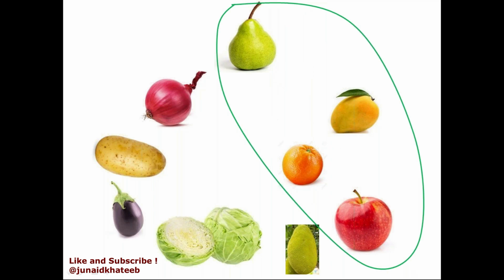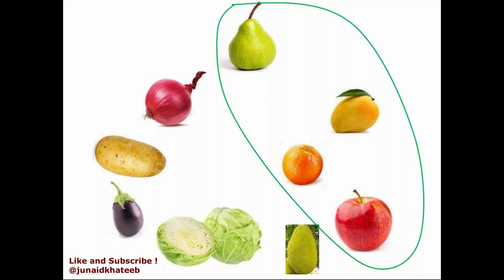Now had I got an object which had matched with a lot of vegetables, then we would have said that this is a vegetable. So this is how we have classified it, because it matches with most of the fruits around. That is why it's a fruit, right? So that is what it is.